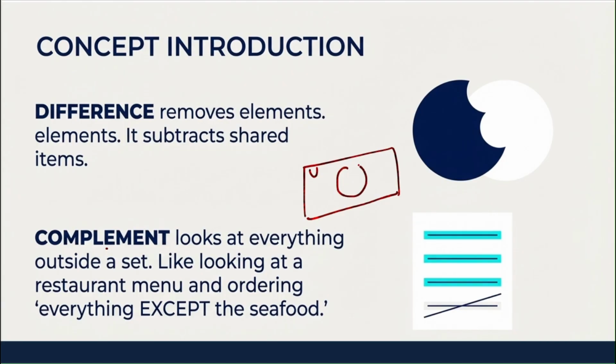Universal set is U, and we have a set which is A. Now, when we say that I have to take the complement of A, it basically means that I want everything which is outside of A. So, this entire part, which is not considering the A, but everything else in the universal set, is known as the complement.